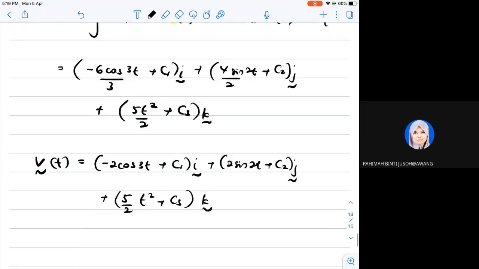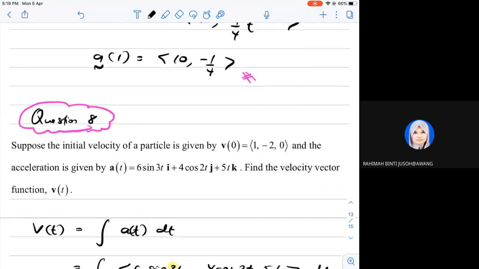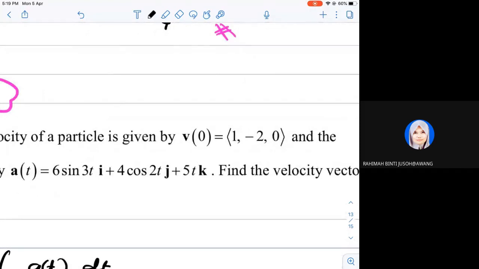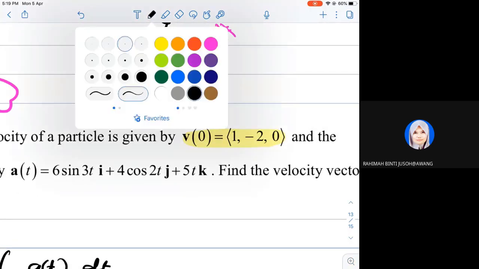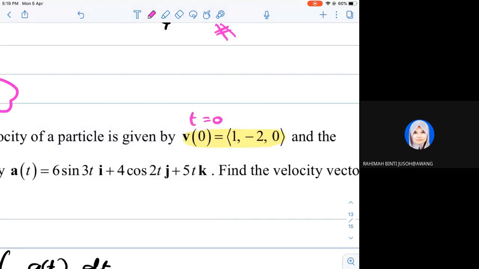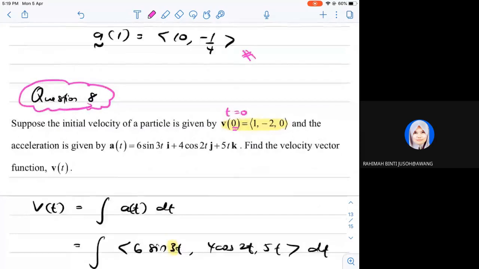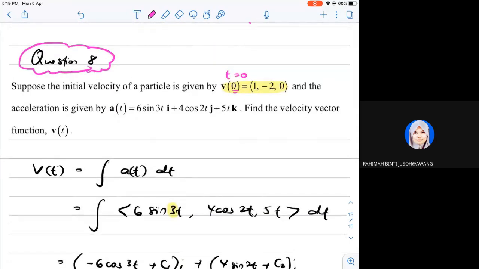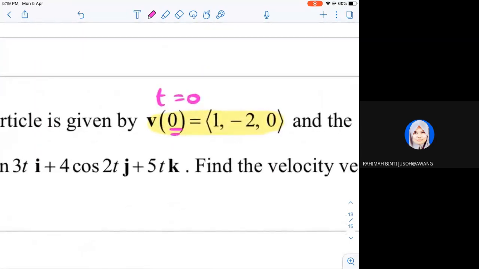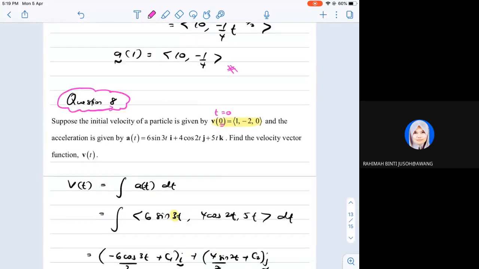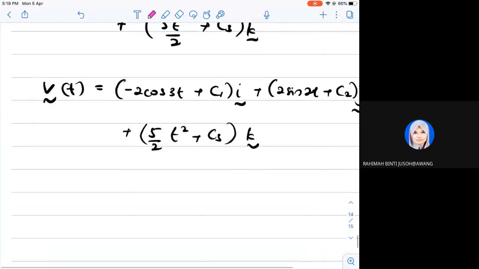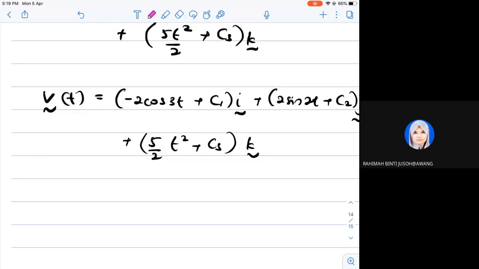Dah settle. Okay, sekarang ni tengok dia bagi initial velocity. Ini adalah nilai velocity apabila t equals to 0. So what you should do is before we can compare with the given velocity at time t equals to 0, we have to find our own velocity at time t equals to 0.